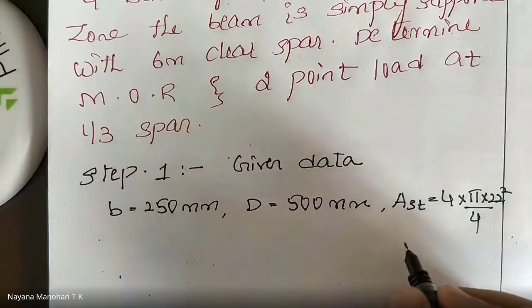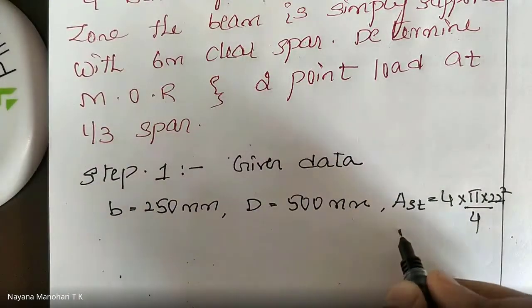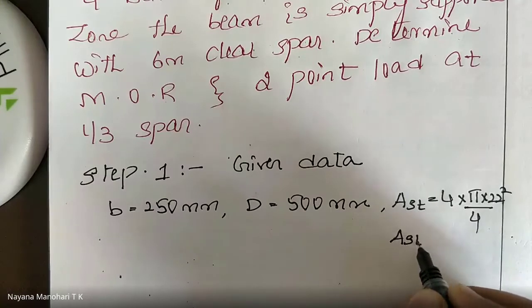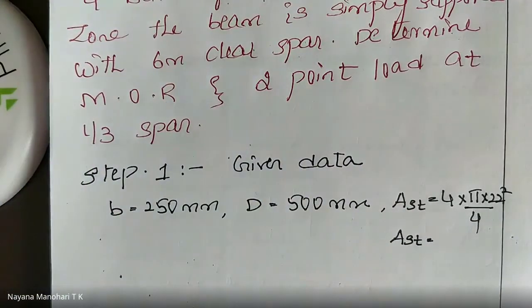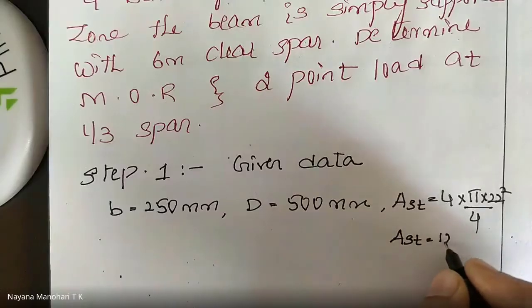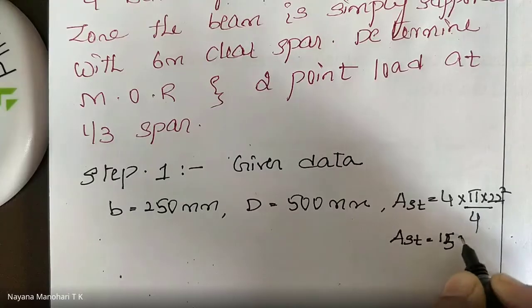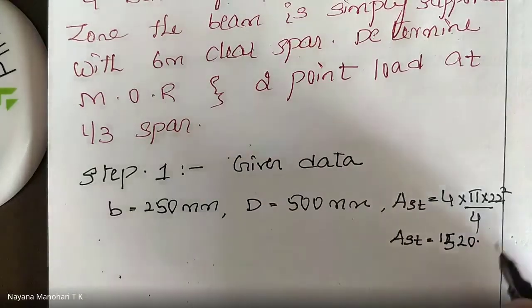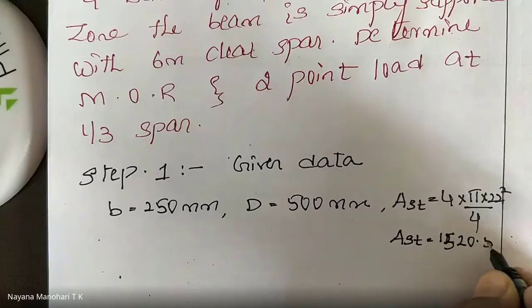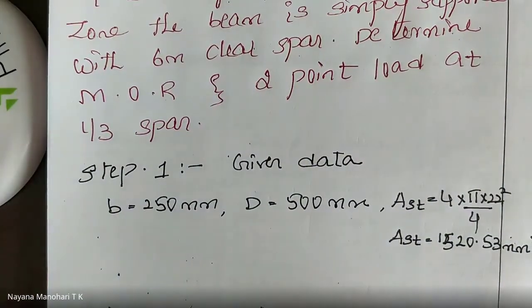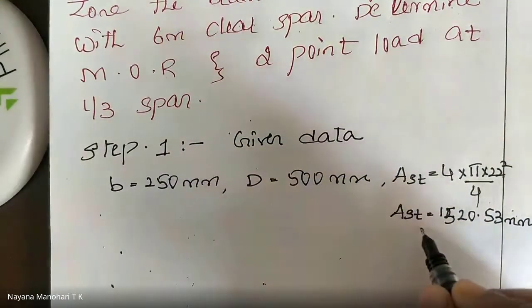How much AST value? 1520.53 mm square. Okay, this is what your AST.